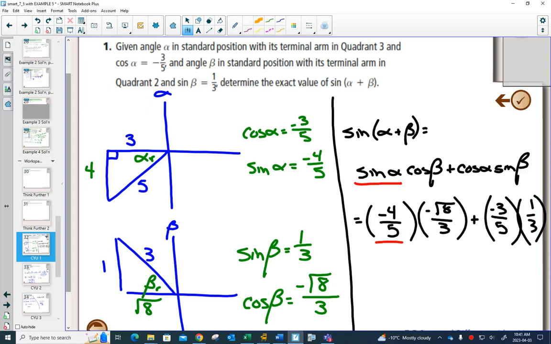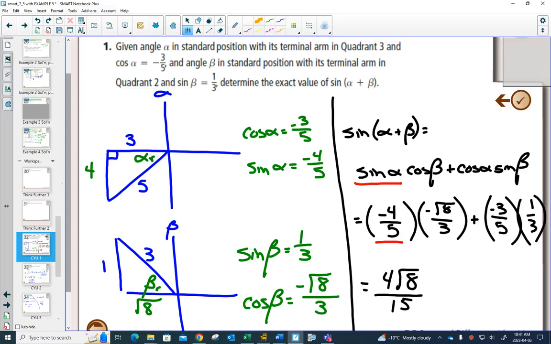And now to finish up this question, and why these questions are fairly straightforward, because it's fairly easy to use your cast rule to draw your triangles, easy to do a squared plus b squared, and then the substitution, now root -4 times -√8, that will be +4 root 8 over 15.